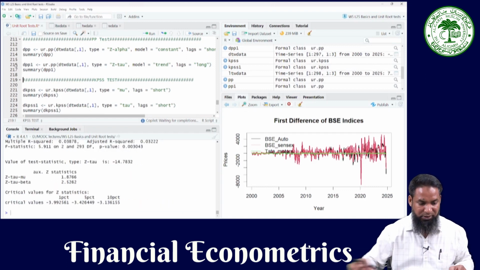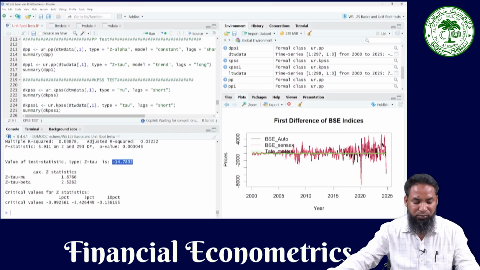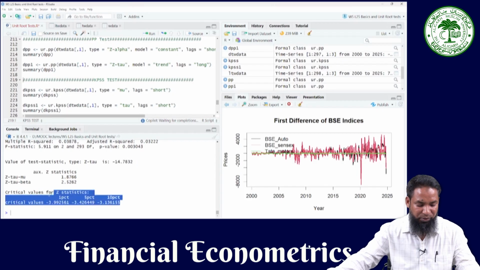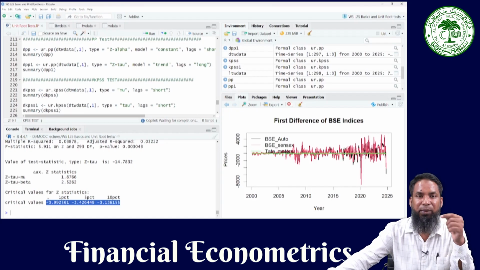Let us see the summary. Here the tabulated value is minus 14.7832 and the critical values are these. Obviously this value is more negative compared to the critical values. That means again we should reject the null hypothesis, and the null is a unit root.